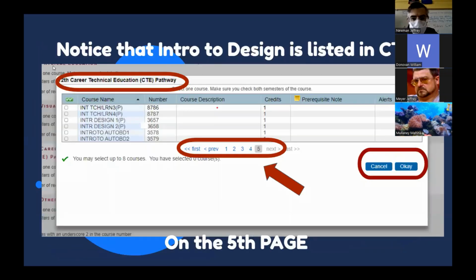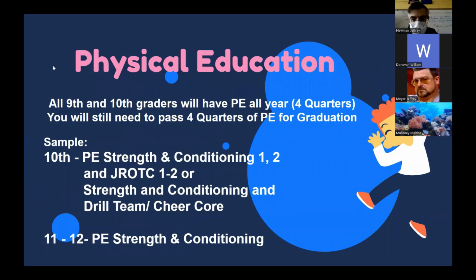Okay, and does that mean that they sign up for 4 PE classes to span the full year? So they will have 4 PE classes, but right now they're only going to be able to put in 2 because of the limitations we have within Power School. Unless they're taking ROTC, then they can put in all 4 quarters. I see. So does that mean then that they should only sign up for a total of 14 classes for the school year? Yes, that's correct. Okay, great. Thank you very much.